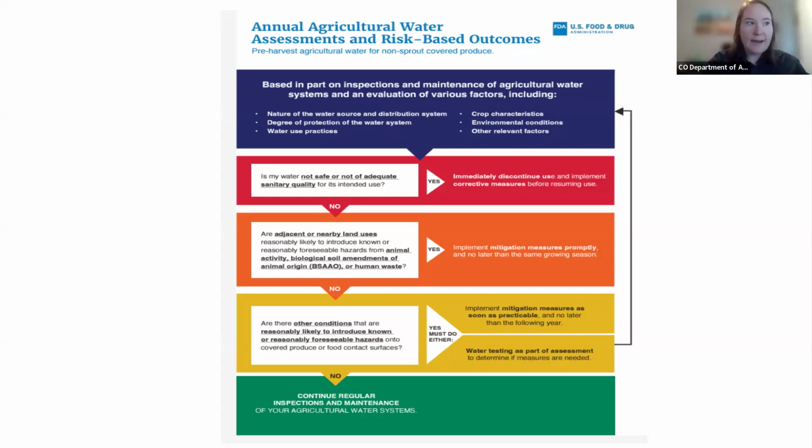Again, it's not required, but it can help to determine what you do for your mitigation measure. If that's also a no, then this green box is just continue regular inspections and maintenance of your ag water system, right? Because that should be done on an annual basis, just along with your pre-harvest ag water assessment. So this is something that you would be doing on a regular basis.